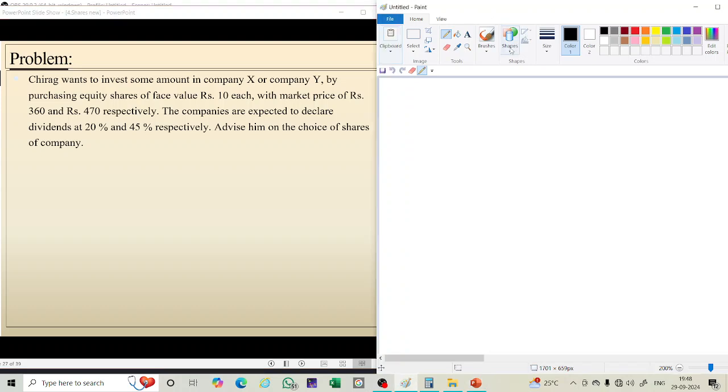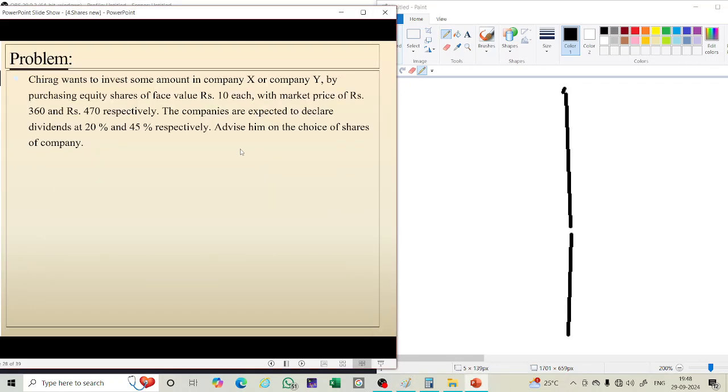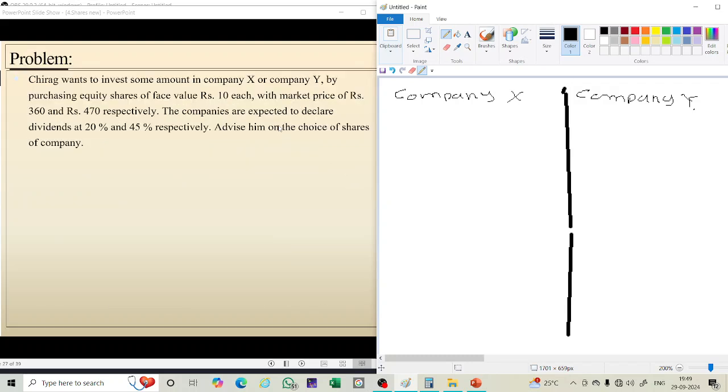So see here, here we write for company X, and here we will write for company Y. Chirag wants to invest some amount in company X or company Y by purchasing equity shares of face value rupees 10.